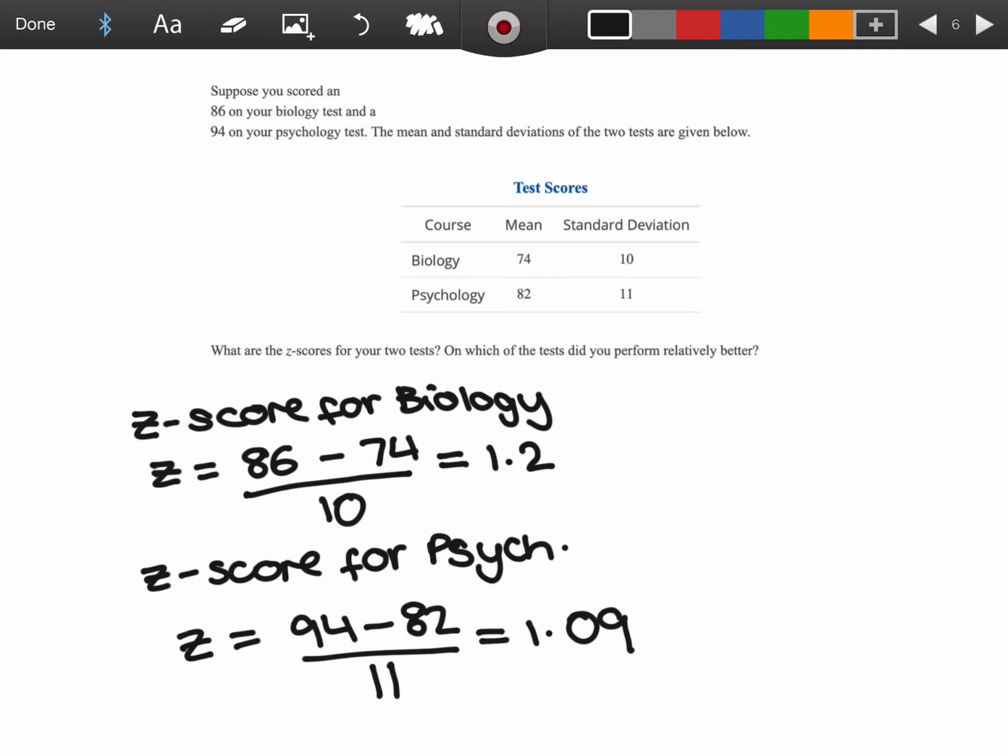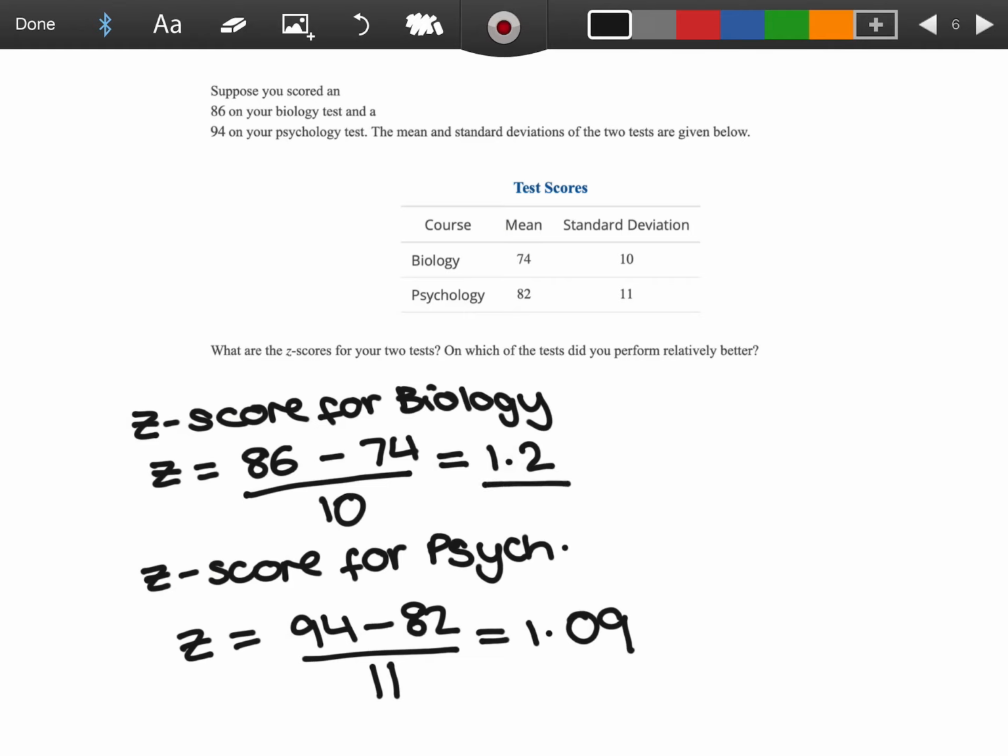Okay, so let's look at these two z-scores. What this tells me is that in my biology test, I was 1.2 times the standard deviation above the mean. If my z-scores were negative, it would mean that I would have done worse than the mean, so worse than average. But because these are both positive values, they're greater than the mean.